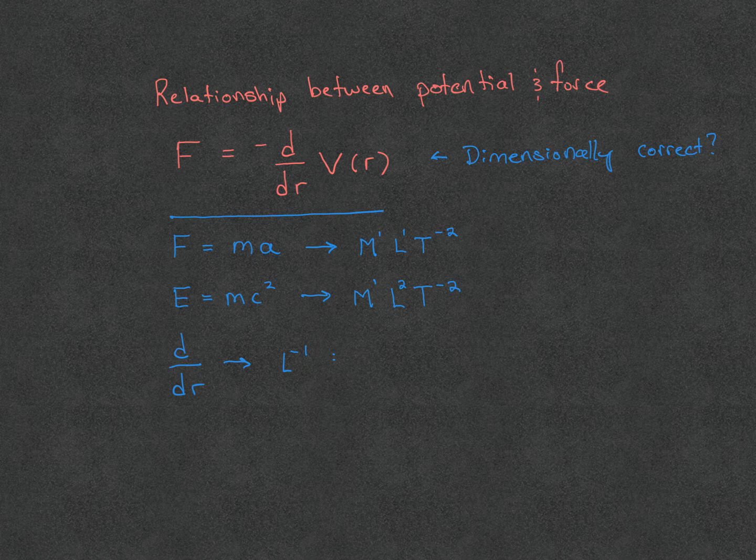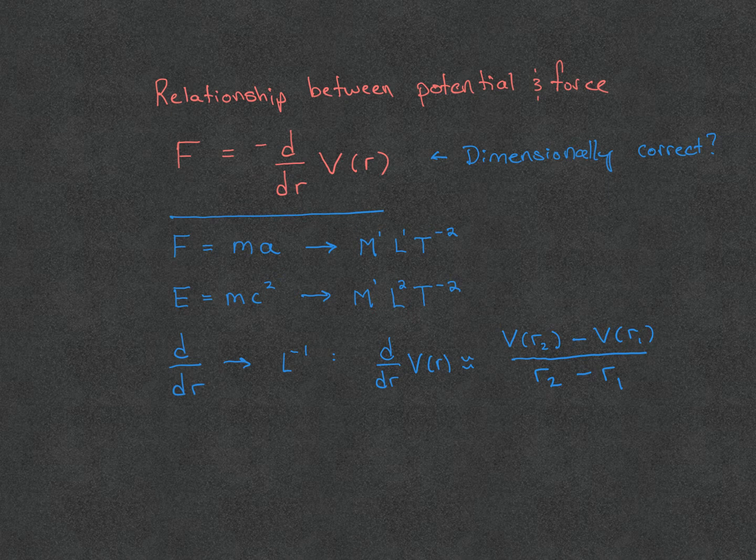And so what we could say is that the derivative with respect to R of V of R is approximately equal to V at some particular value of R, which I'm going to call R2, minus V at some other value of R, which I'm going to call R1, divided by R2 minus R1, okay?